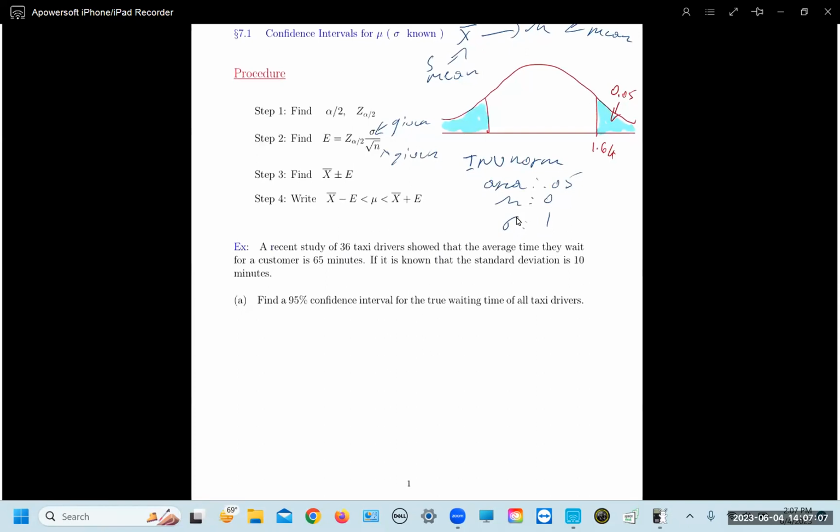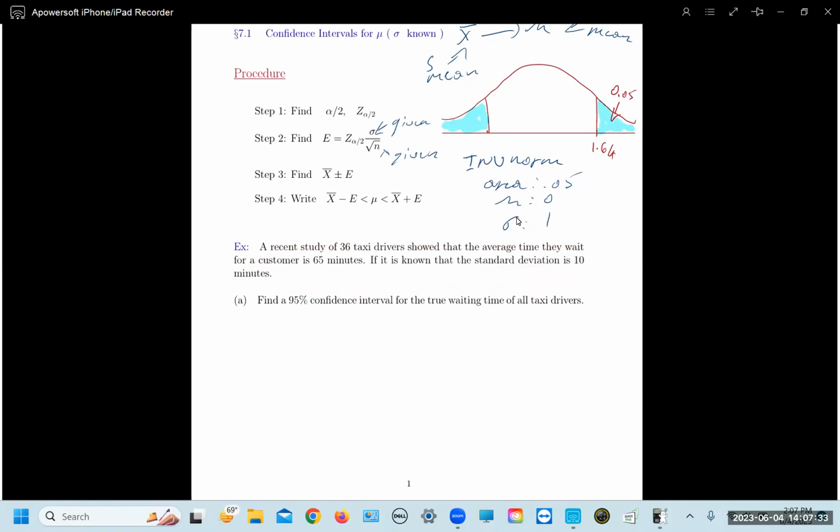So we can have this example. A recent study of 36 taxi drivers shows that the average time they have been waiting for a customer is 65 minutes. If it is known that the standard deviation is 10 minutes, find the 90% confidence interval for the true waiting time for the taxi.